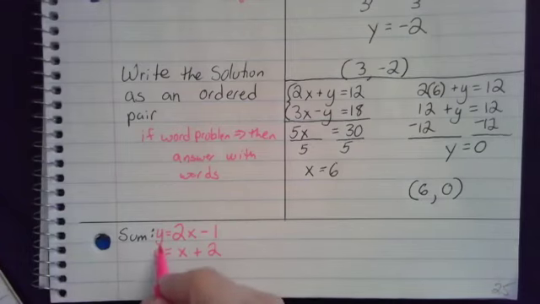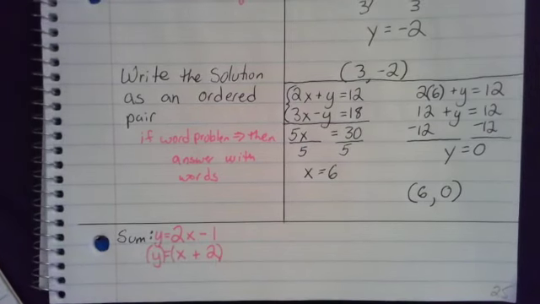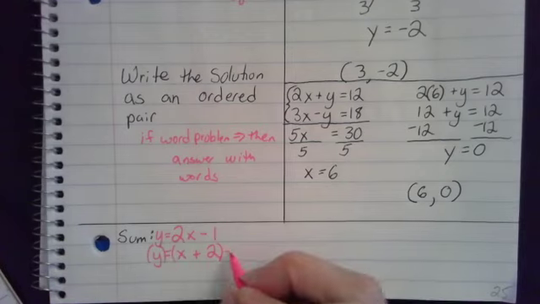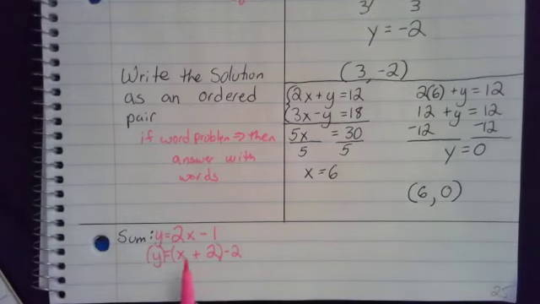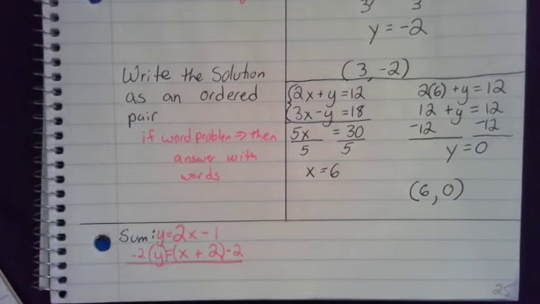So I'm going to multiply both sides of my equation by 2 or negative 2. I like to use addition, so I'm going to do negative 2. But if you use just 2, then you'll have to use subtraction for the elimination.